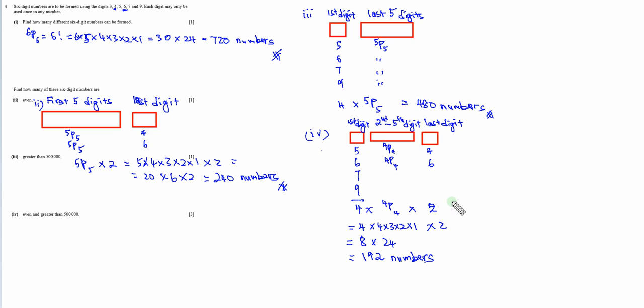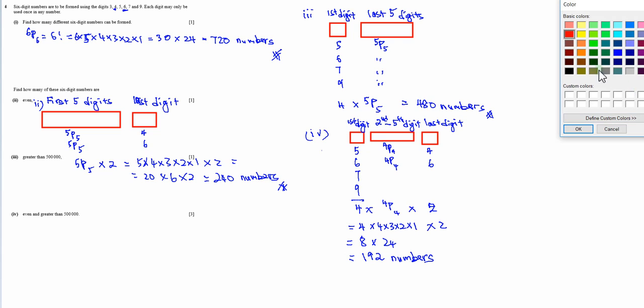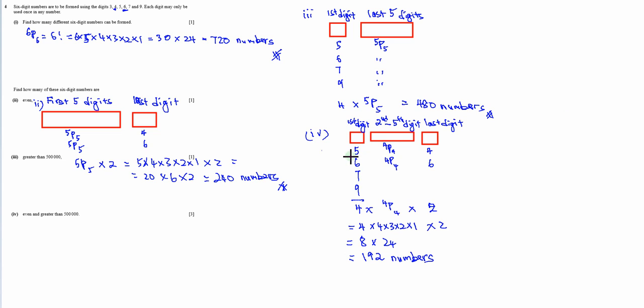However, there is a situation over here that you need to look at very carefully. You see, in the IGCSE syllabus for permutation and combination, the number can only be used once.